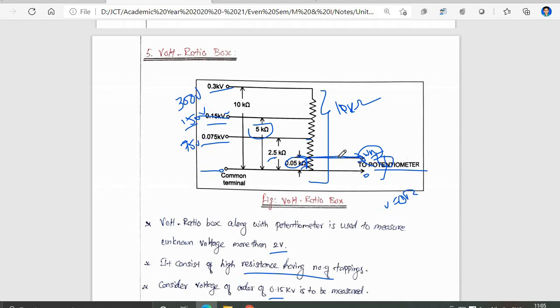Maybe you can fix an ammeter to find the current, and R equals V by I. So we can find the resistance value also. It is a simple formula, Ohm's law, and using it we can find different parameters.